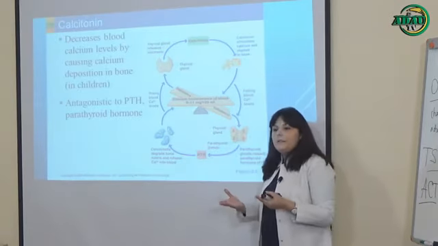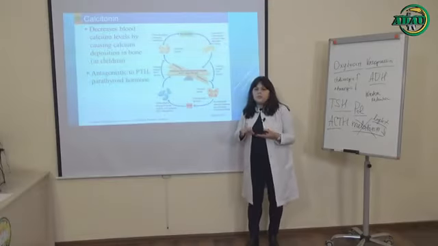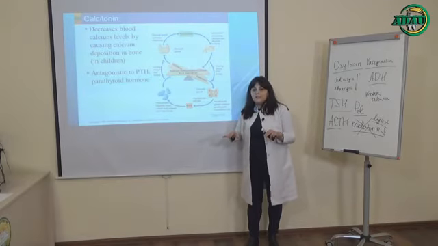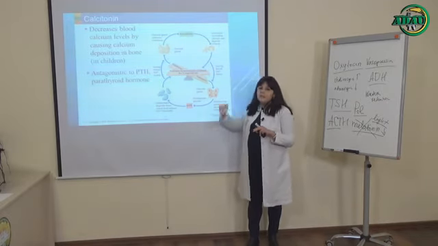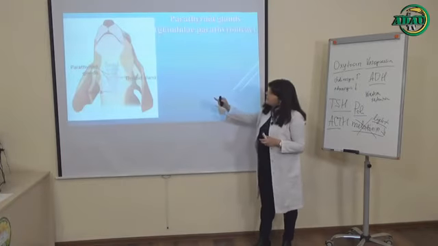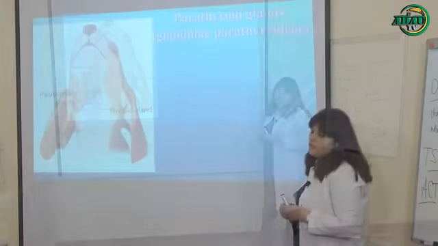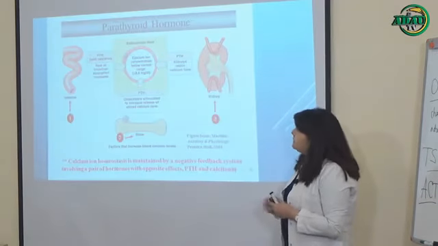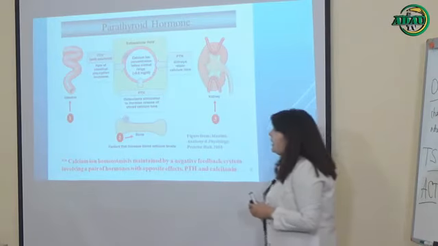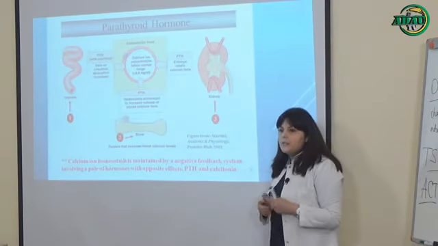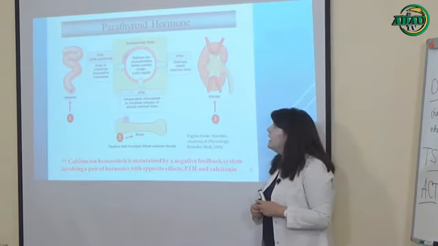So the main goal of these 2 glands, of these 2 hormones, is to create a balance in the body and to provide the normal level of the calcium and the phosphorus. But you should ask, so here you can see again in this illustration the location of the thyroid and parathyroid glands in the dark.